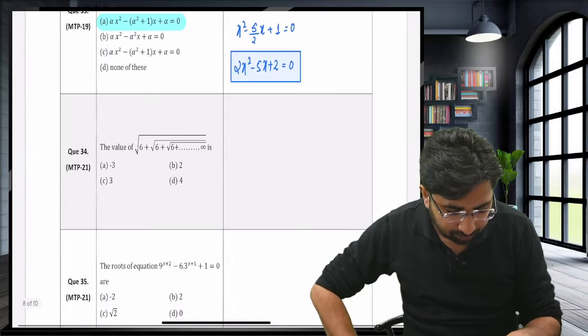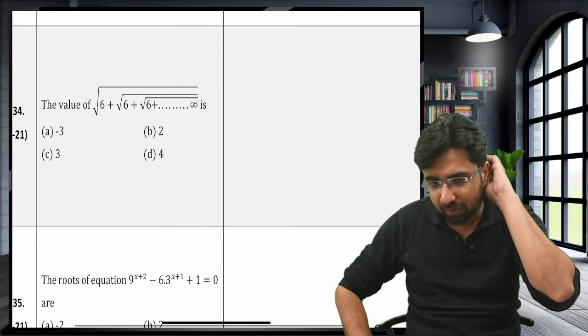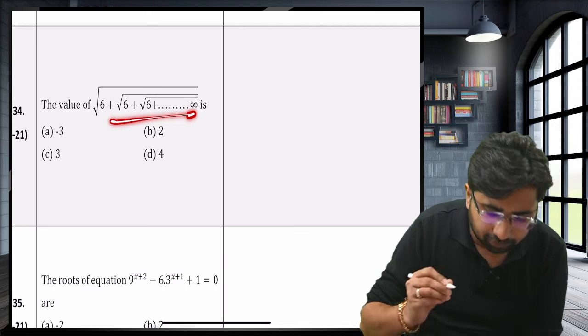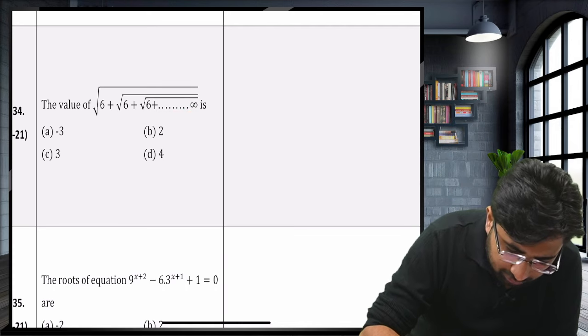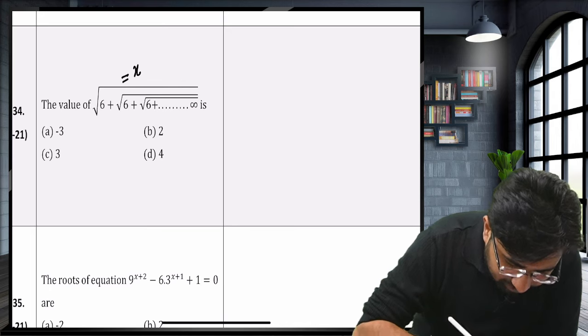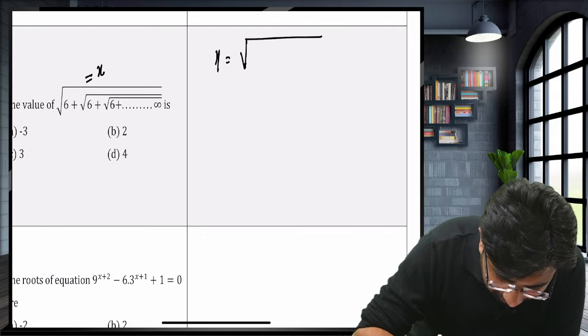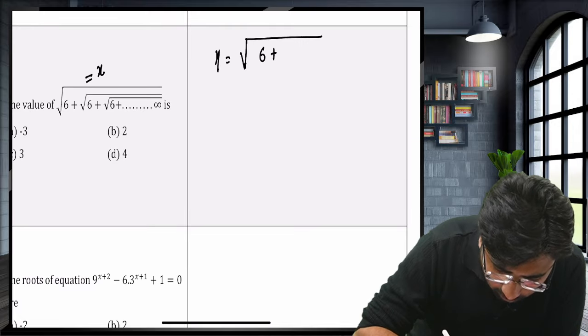Moving forward, guys. Root 6 plus root 6 plus root 6 and so on. Guys, when there is this kind of repetition in the question, we will assume that this is equal to x. Now you have to find the point from where the expression repeats.